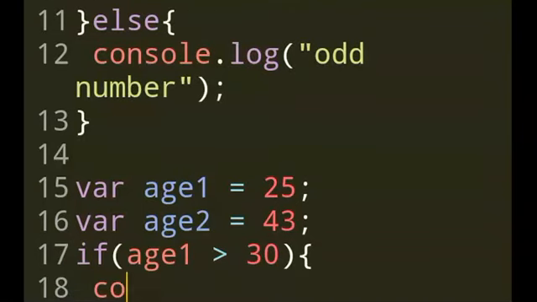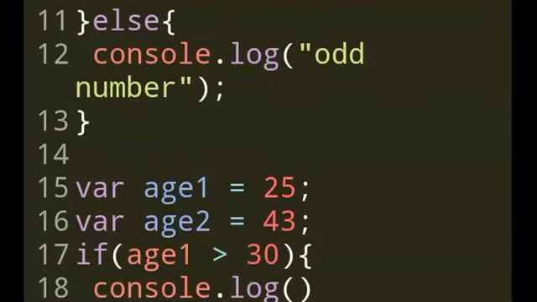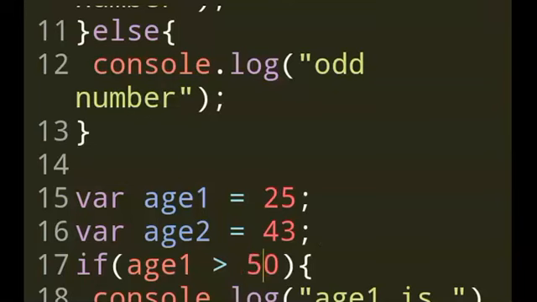console.log, what do you want to declare? That age1 is, make it greater than 50.